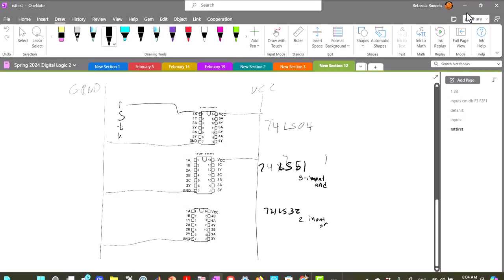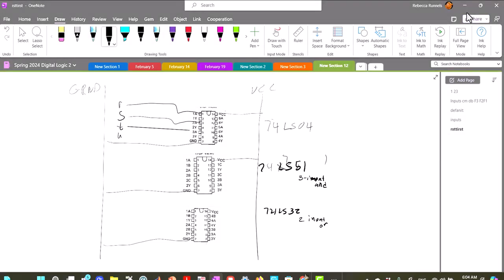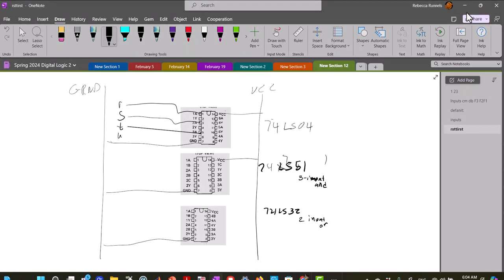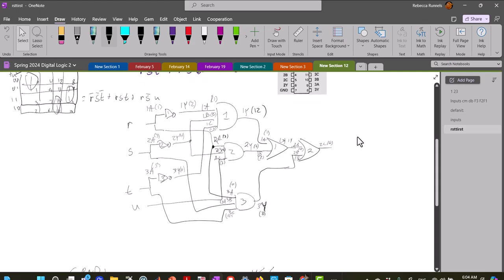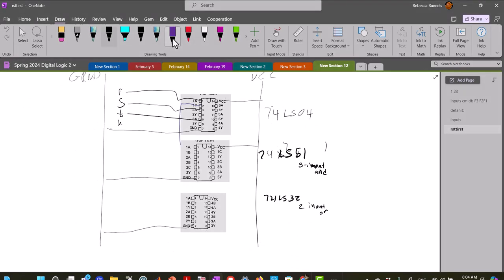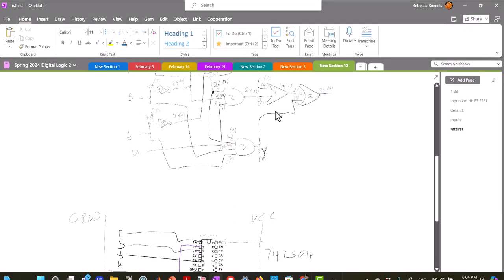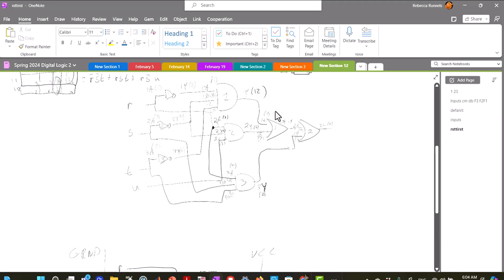So let's see. And then 1Y is going to 1A. 2Y is going to 1B and 2B, going to pins 2 and 4.